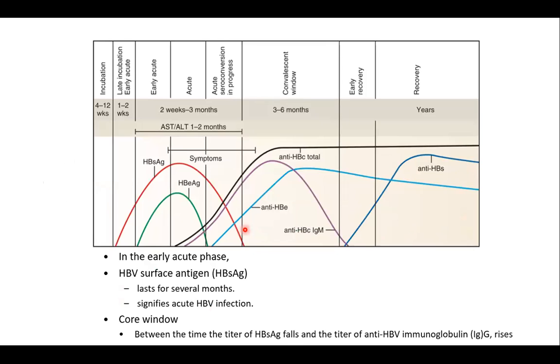In the early acute phase, the HBV surface antigen, the red curve or the red line, appears and lasts for several months. Detection of this antigen signifies acute HBV infection. Between this time, the titer of the HBeAg falls and the titer of anti-HBs immunoglobulin, the dark blue curve or line, which confirms immunity, rises.